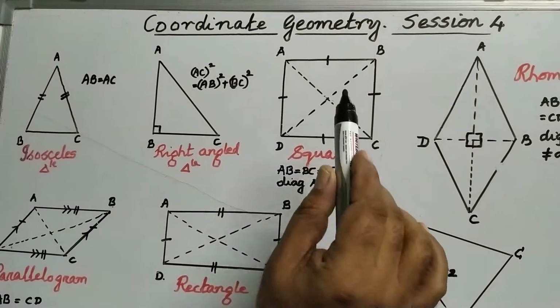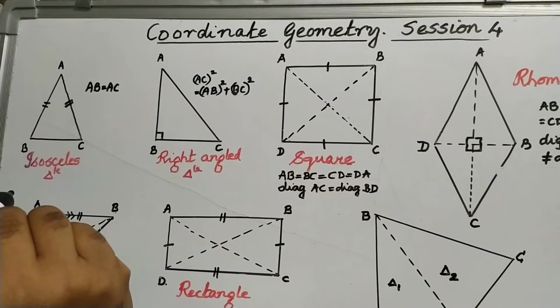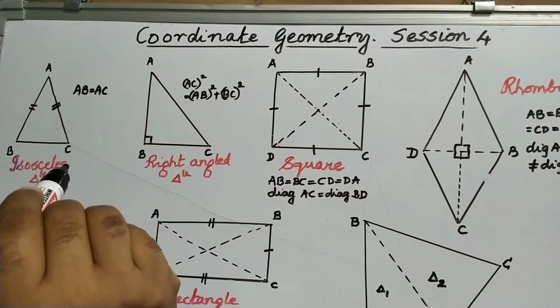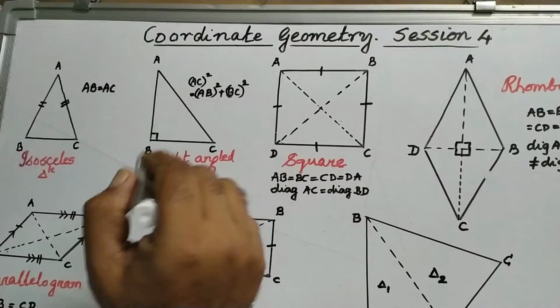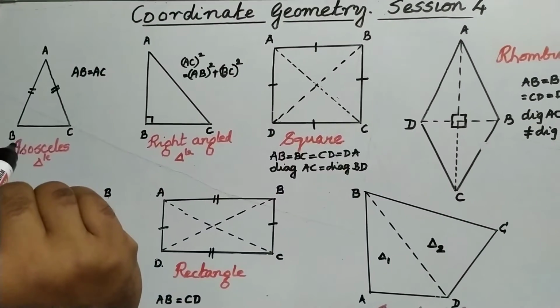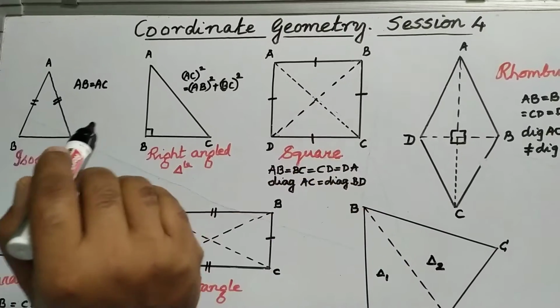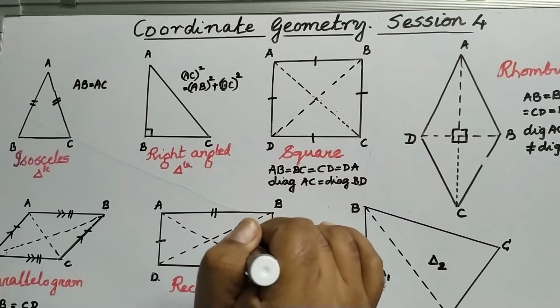If they give you four vertices and ask you to check whether the four vertices form a square, then as usual draw a rough figure and name the figure as ABCD.